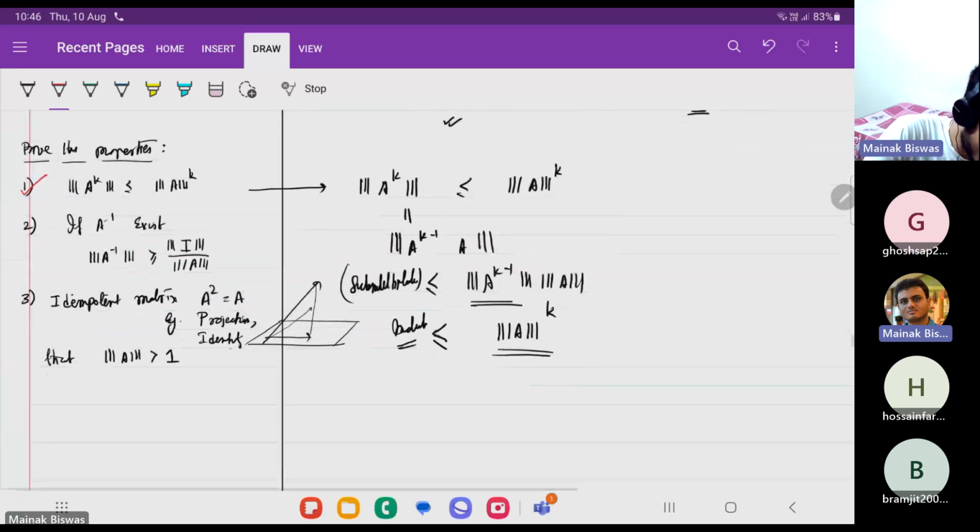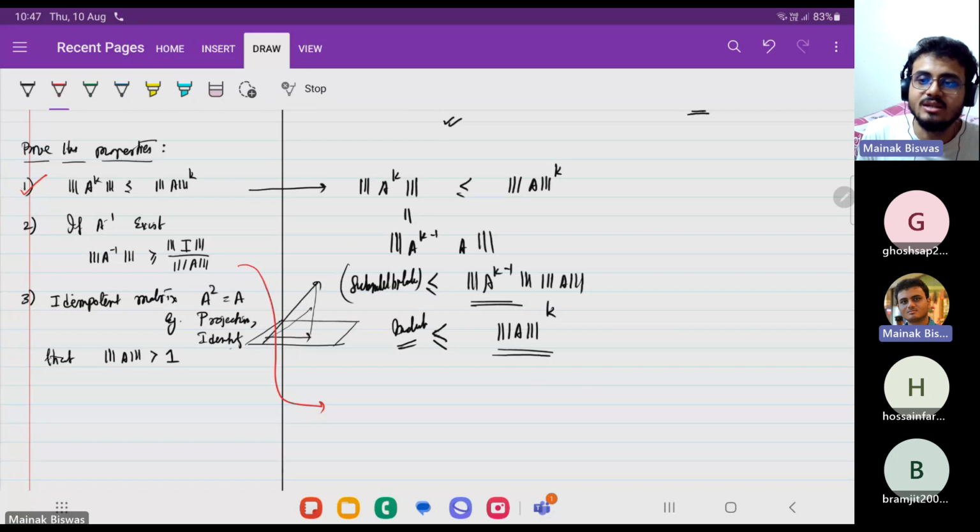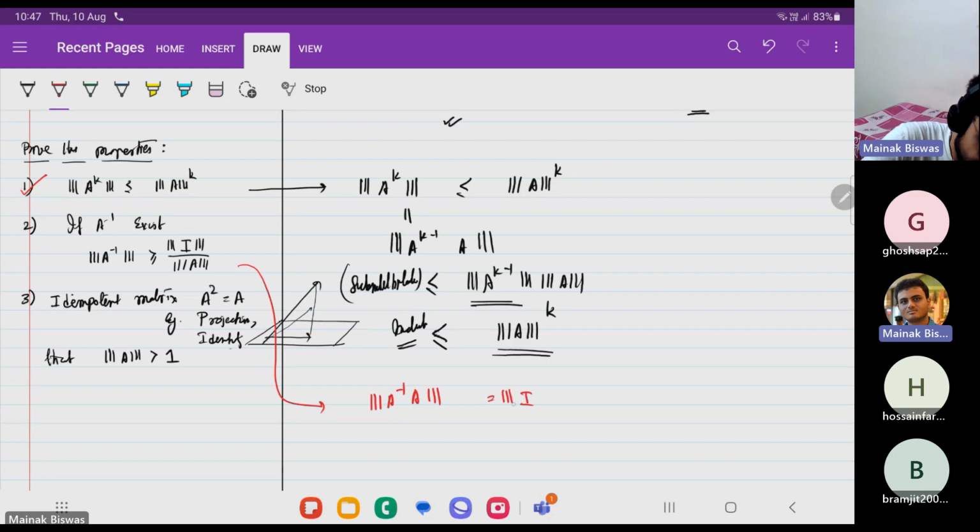Second proof, how will I prove it? The second one is also trivial. There's nothing much. This is becoming true for any of the matrix norms. So this is the beauty of abstract maths. You don't need to define numbers and even algebra and equations as such. You can define classes and operate on classes themselves. So any norm would have this property. Do you agree? A inverse A is equal to identity.